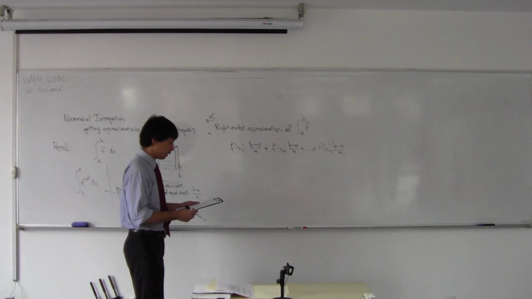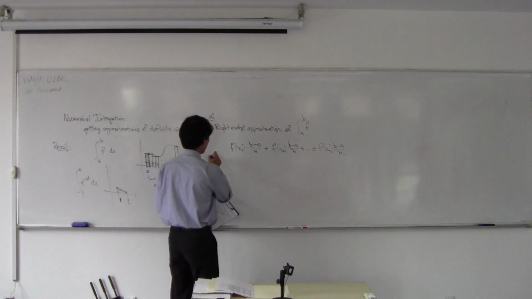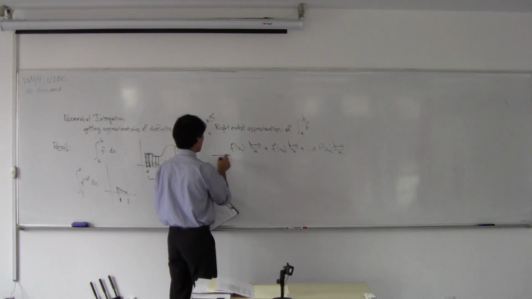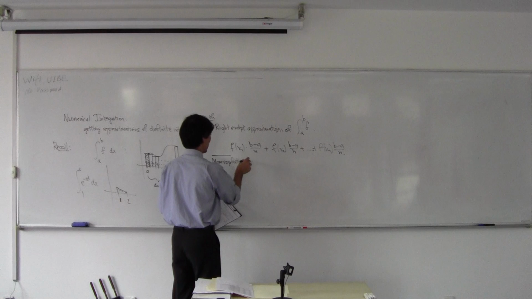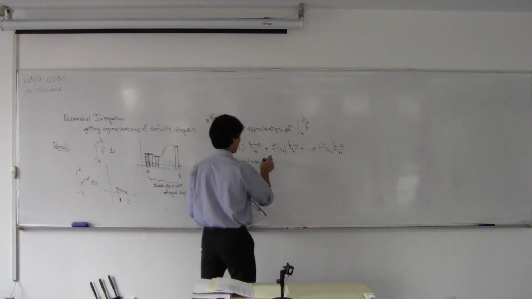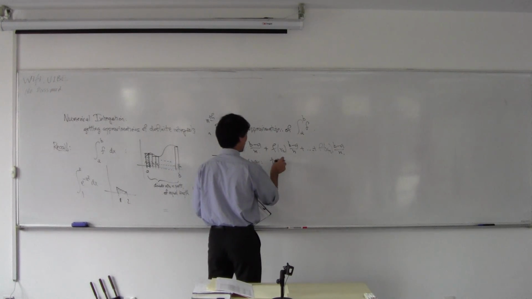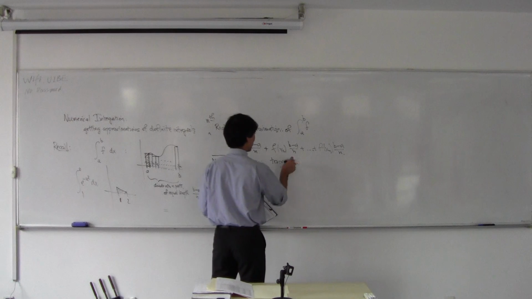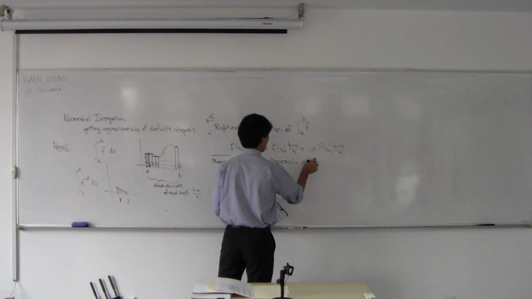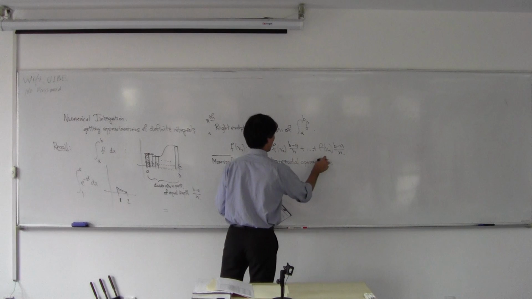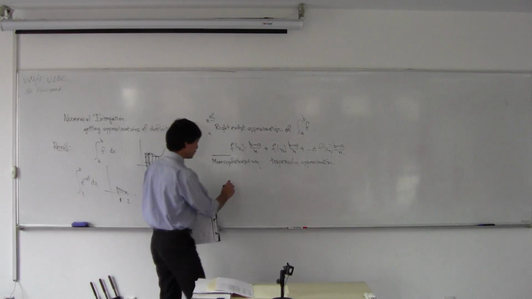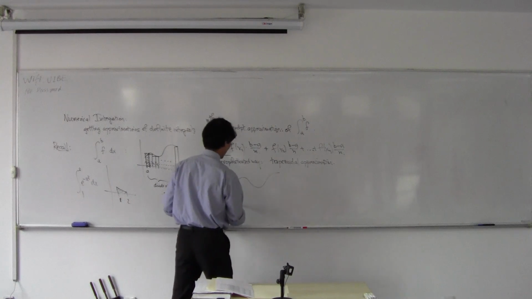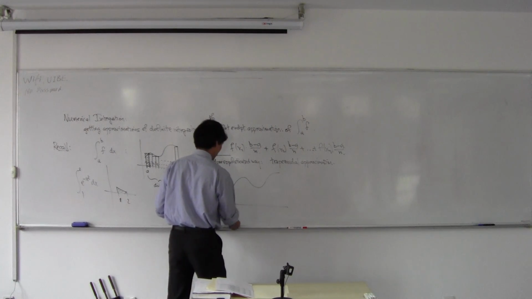There are slightly more sophisticated ways. More sophisticated is called the trapezoidal approximation. You can probably guess what happens here.